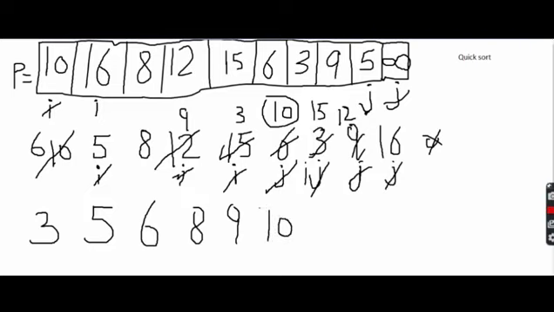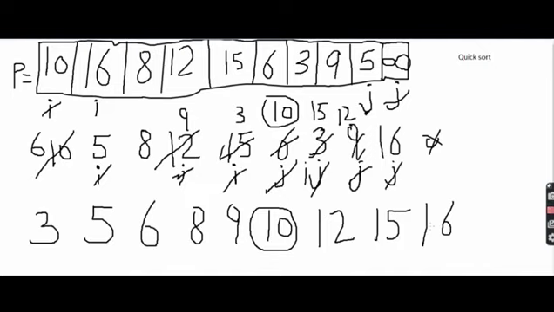Here comes our pivot. This was our pivot, right? Then we will sort the elements on the right side of the pivot. So you can see now this list is sorted. So you got the point.